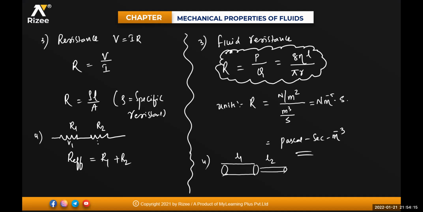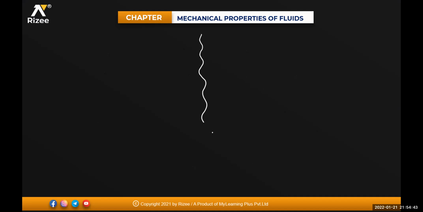Here there will be V1 and here this will be V2. And here also there will be a pressure difference. So here the pressure difference will be P1 at this point and P2 at this point. Clear, beta? So here also I can write R effective will be equal to R1 plus R2. And you know how to write the value of R, beta? So R value is equal to 8 eta L divided by pi into R to the power of 4. Clear?